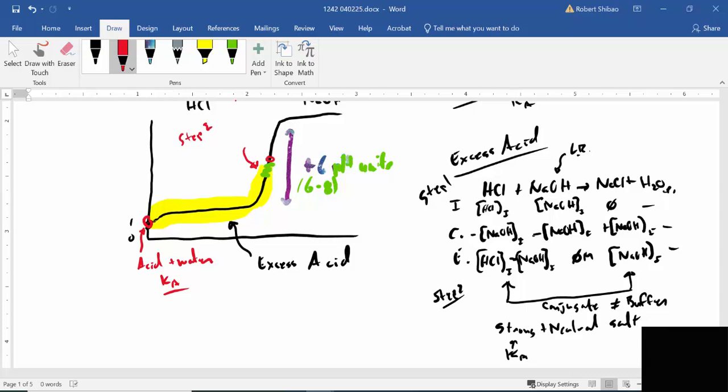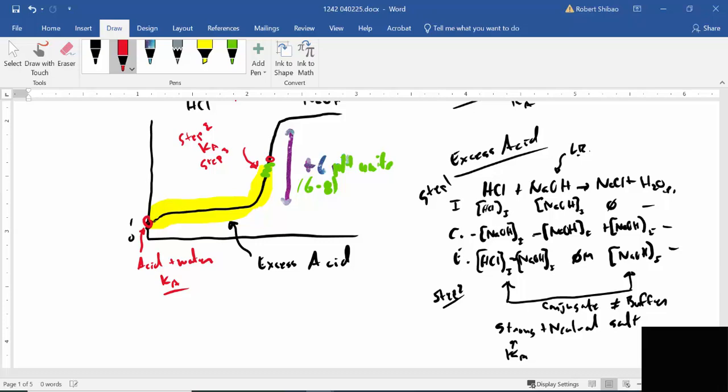If the concentration is very small, then we have to do Ka, and then we have to do a step 3, because we have so little hydronium generated from step 2. Step 3 is what? If there's so little excess acid that the concentration is very small, let's say I had 10 to the minus 8 molar HCl left, I wouldn't want to stop there, because 10 to the minus 8 molar HCl would give me a pH of 8.